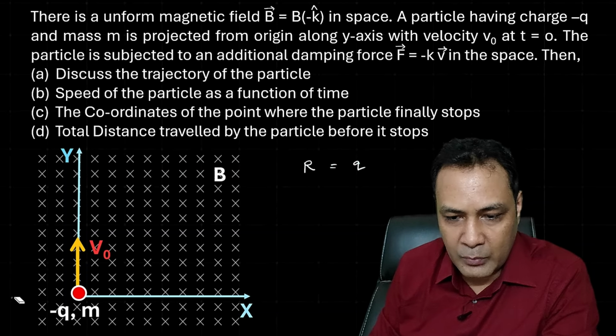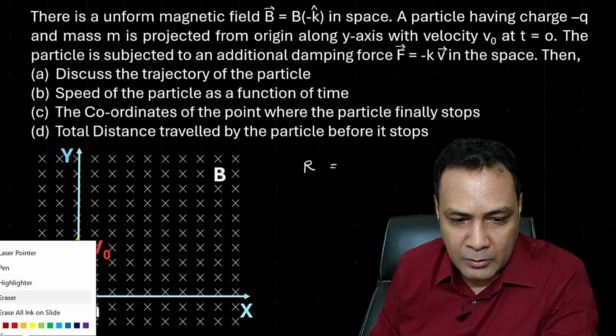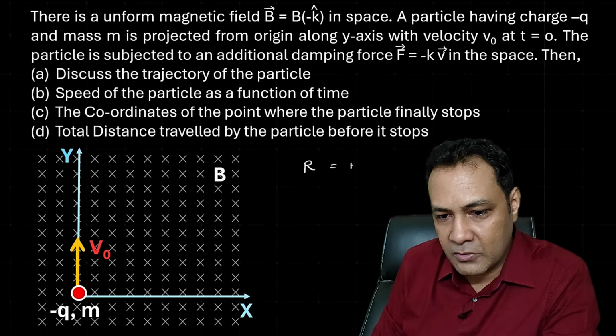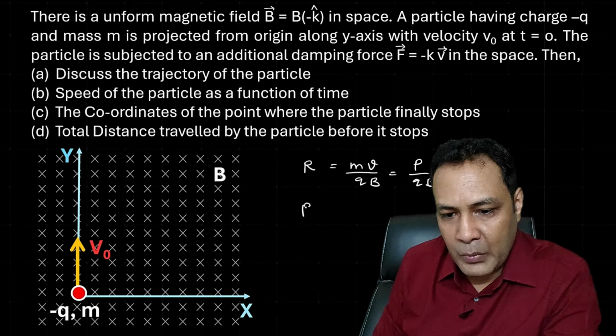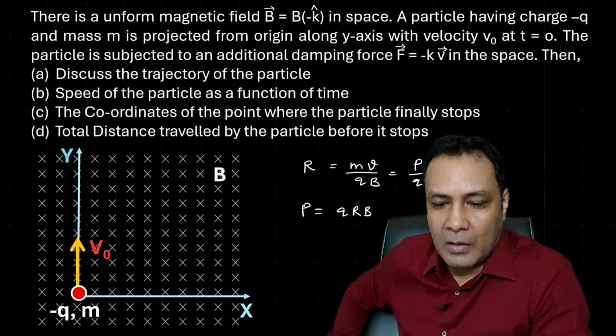In a uniform magnetic field, if the particle is projected perpendicular to the magnetic field, the radius is mv by qB. So mv, which is p, divided by qB. So p is equal to qrB, that is the momentum.